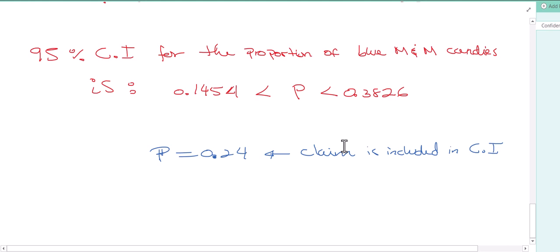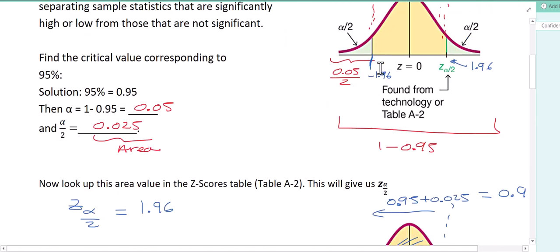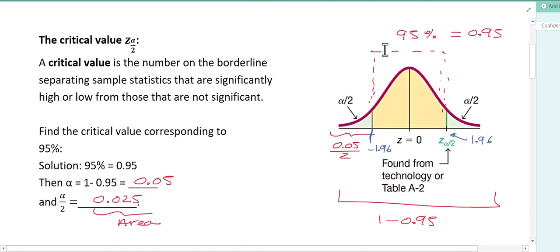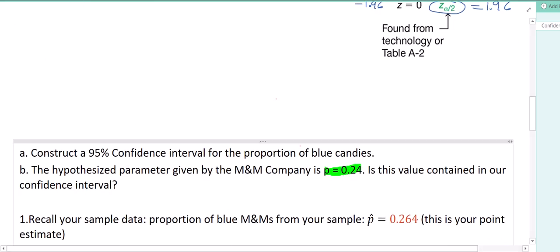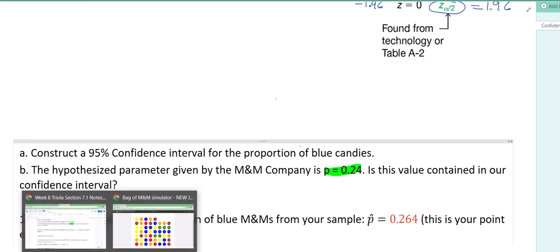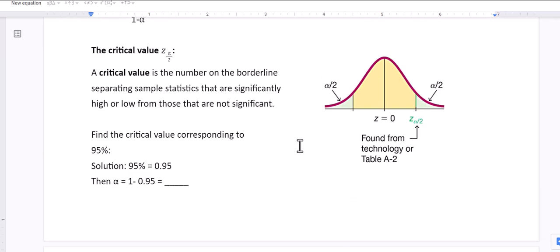So I encourage you to do it on your own, maybe do the ones for orange and green and see, is the claim correct? I will be interested for green, for example, because my data for green is, going back up, I'm in the wrong file, just one second. Where is my notes?